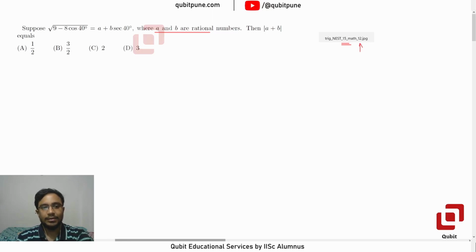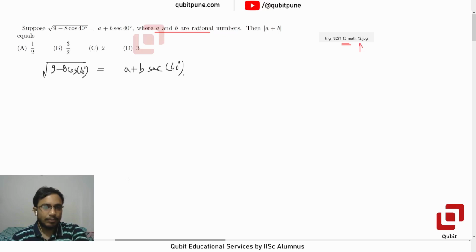Now look, this is a root of 9 minus 8 into cos 40, and on the other side we have got a plus b sec 40 degrees.